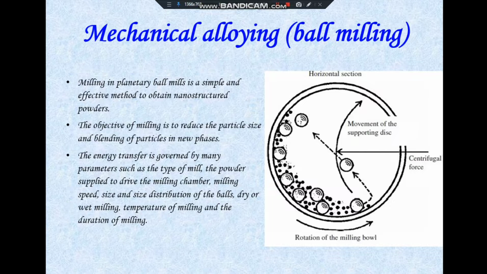Now we pass to the picture. Here the movement of the supporting disc is going against the direction of rotation of the milling ball, so that creates friction between balls and particles.